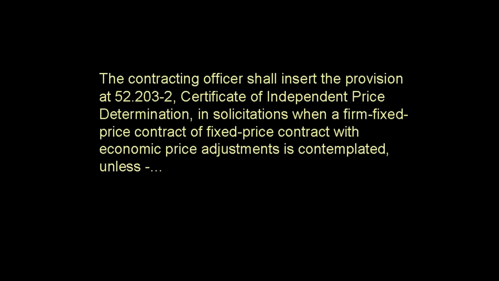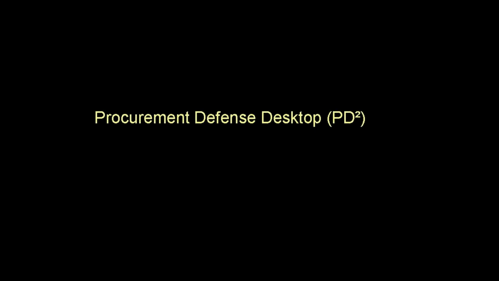So we'll look at that again, the 3.103-1 solicitation provisions, and this is what it says. It says the contracting officer shall insert the provision at Certificate of Independent Price Determination in solicitations when a firm fixed price contract or a fixed price contract with economic price adjustment is contemplated unless, and then it has some unlesses.